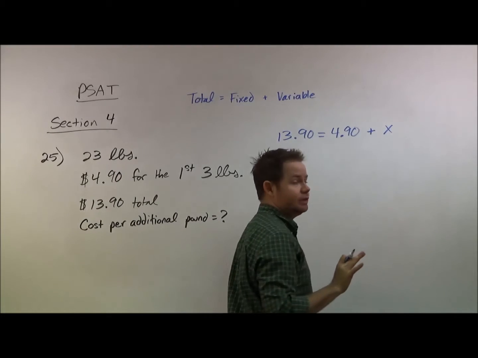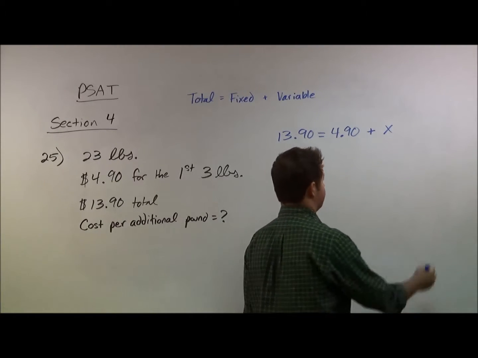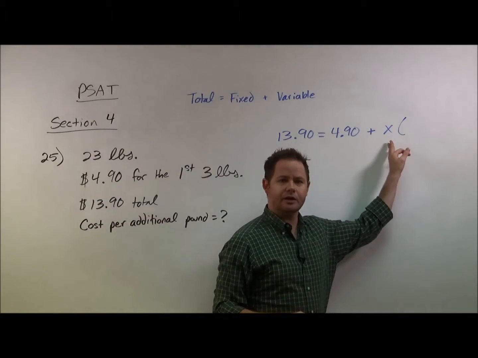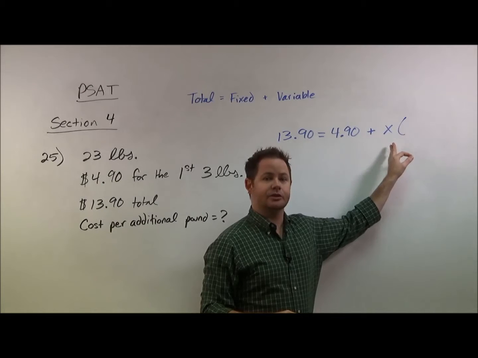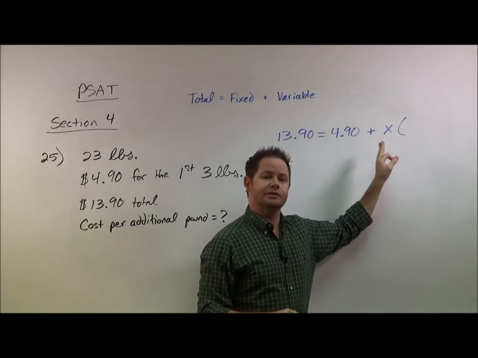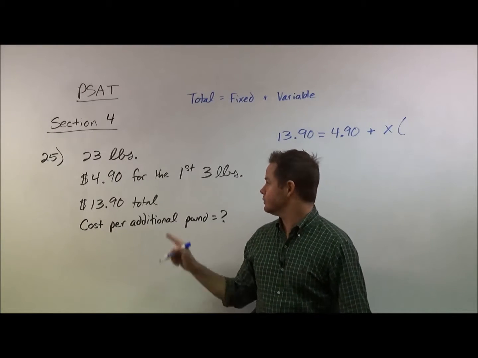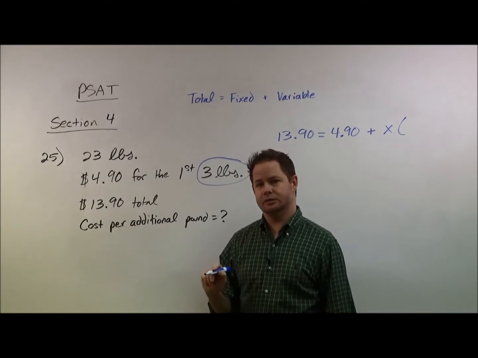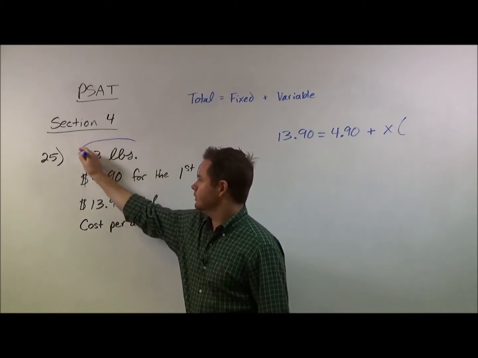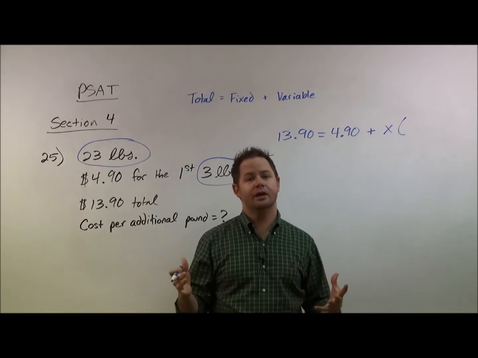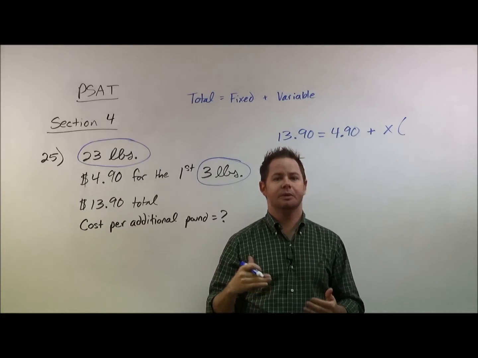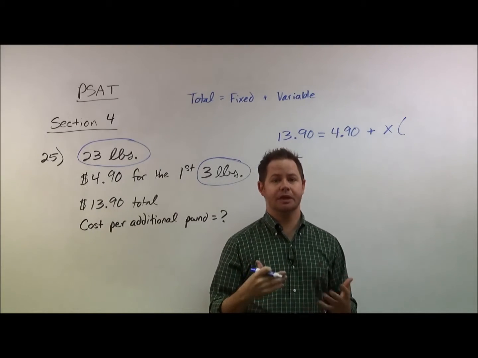But here's what's really important, and I'm going to write it out the long way and then simplify it. Whatever that cost per pound is, as our additional cost, it doesn't include those first 3 pounds. We've already paid for those. So even though the total weight of our package that we're shipping is 23 pounds, we've already paid for 3 of those pounds, so we only have to pay for 20 more.